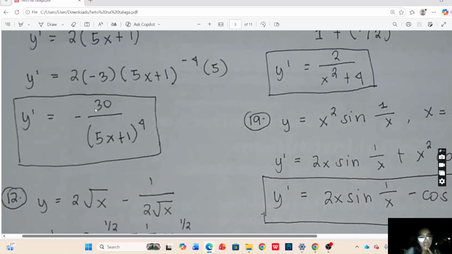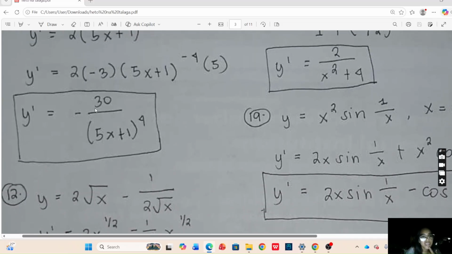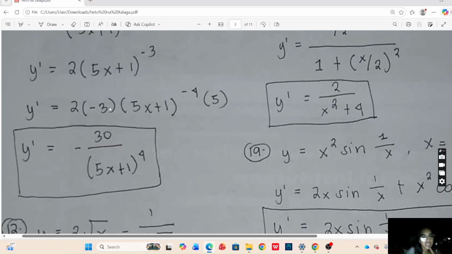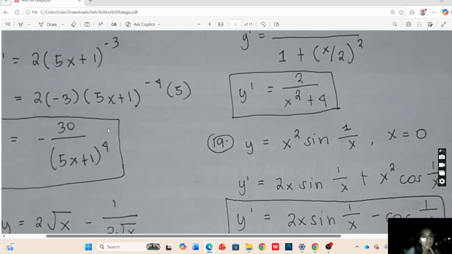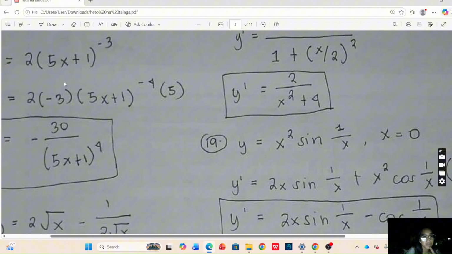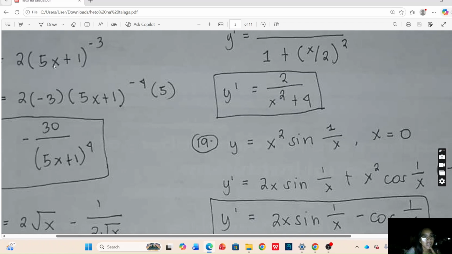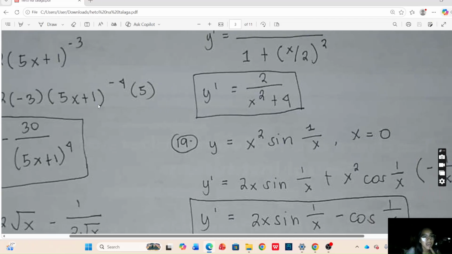Using the chain rule, first we multiply the base times the power, which is the exponent negative 3, and multiplied by the inner function, which is 5x plus 1.